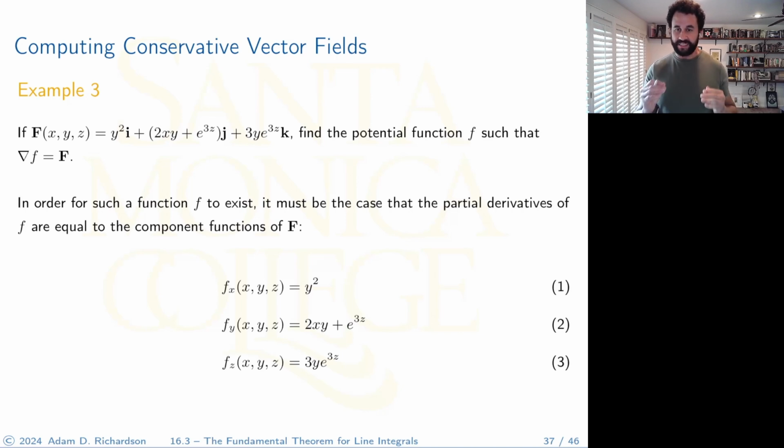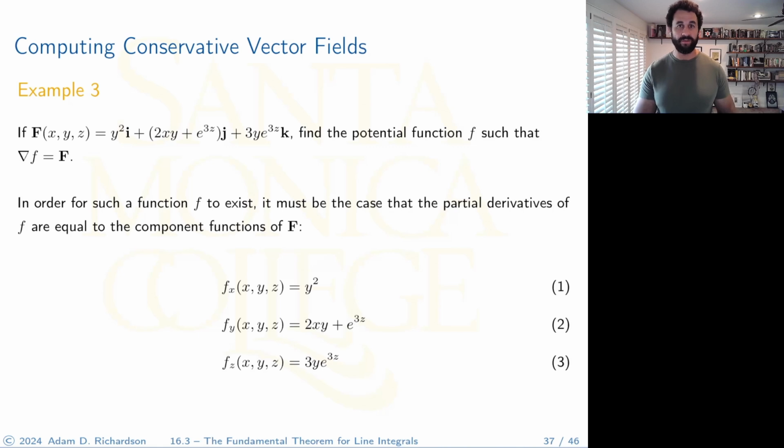So if there is such a potential function, if it even exists, then it must be the case that the derivative of that potential function with respect to x is equal to this component function. And the derivative with respect to y is this component function. And the derivative with respect to z must be this component function.